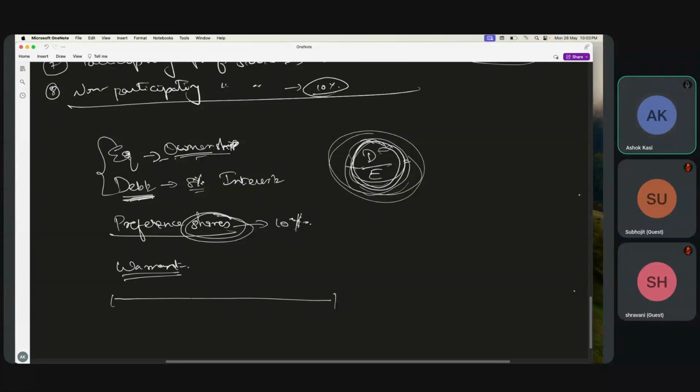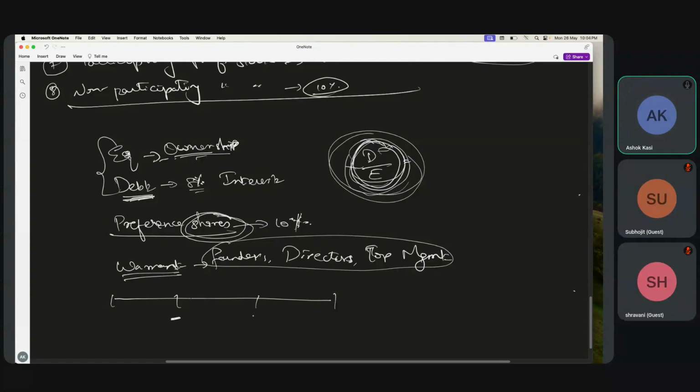So now who will come to rescue this company? Its own management: founders, directors, top management people. They will come and say, look, I will invest into this one. In return, they will not take anything. So warrant is not going to pay any interest as such.